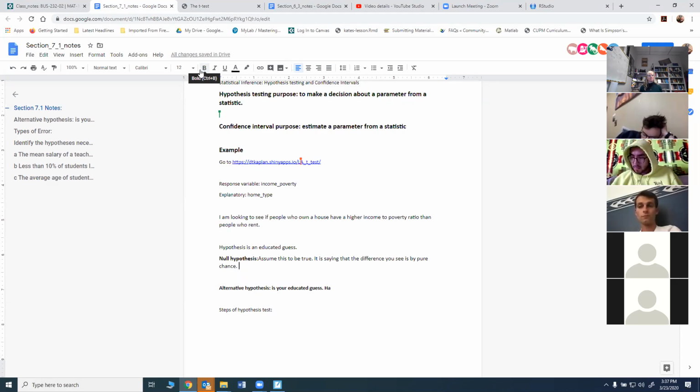So I could say that by chance, there is no difference in income poverty level of the people who rent and people who own. What I'm seeing is just happening. I see this change going on, but it's just by chance. There really is no reason it happened.